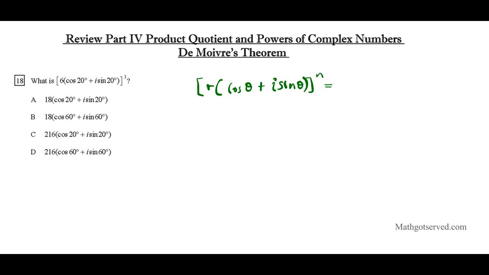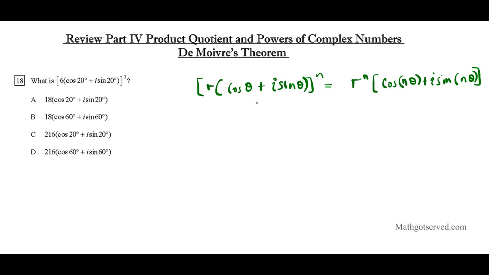That becomes the radius raised to the nth power times cosine of the power times the angle plus i sine the power times the angle. So you basically raise the radius to the power and multiply the power by the angle. That's how you apply De Moivre's theorem to finding the powers of complex numbers in polar form.